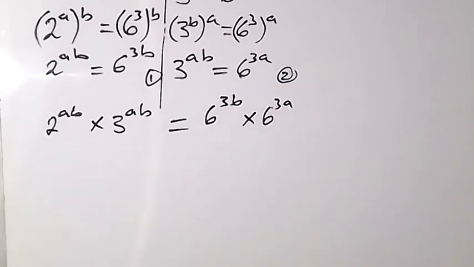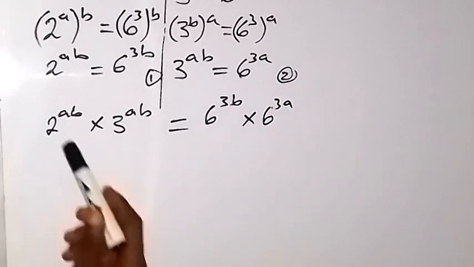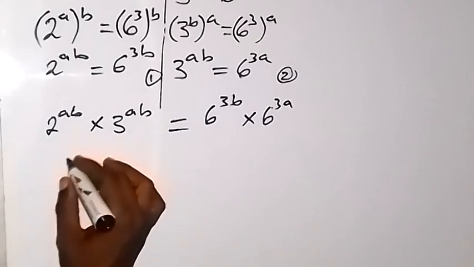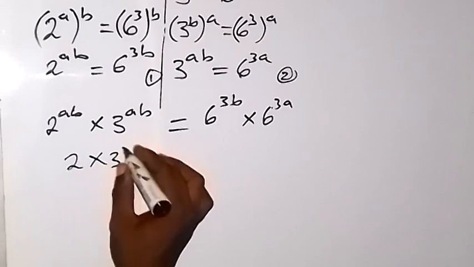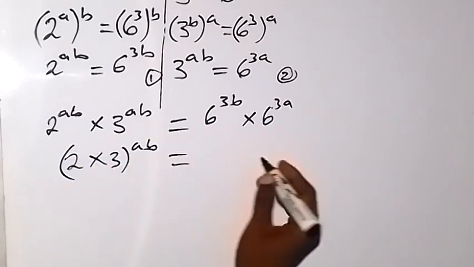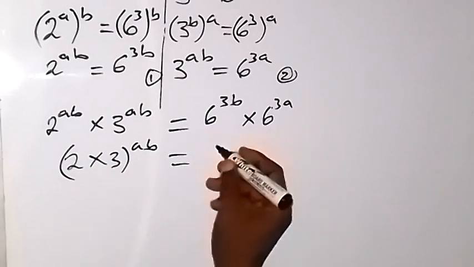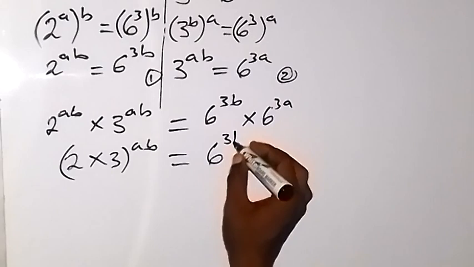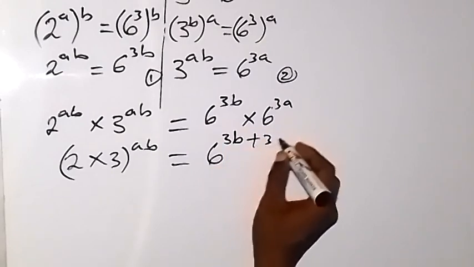Then on this side, we have the power to be the same thing, so we can bring it out and say this is 2 times 3 raised to power ab equals, here we have the same base and they are multiplying, so we can add the powers, that's 3b plus 3a.